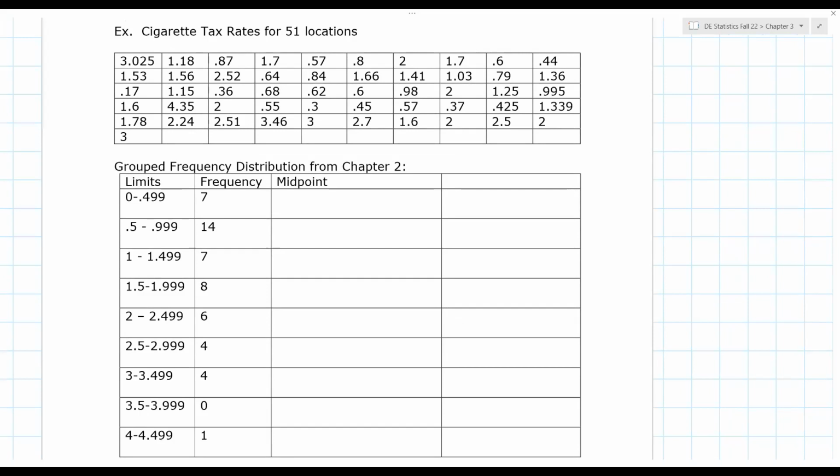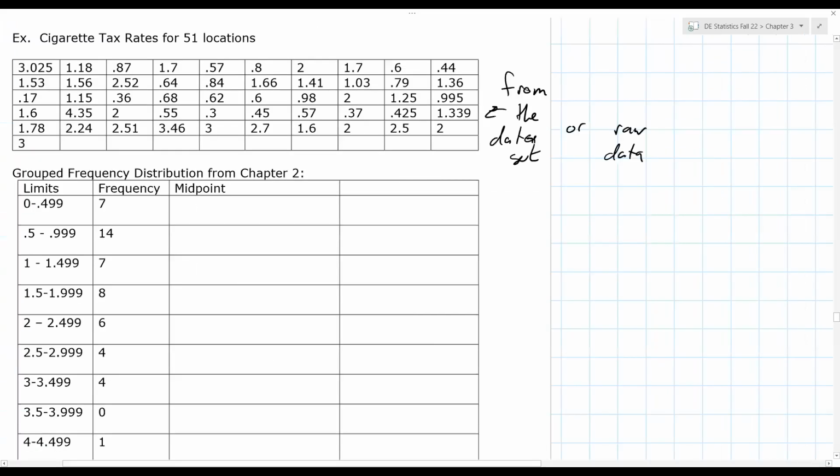If it says from the data set, or from the raw data, it wants us to use the actual values. So we actually have to have all, in this case, 51 data points in order to do that.